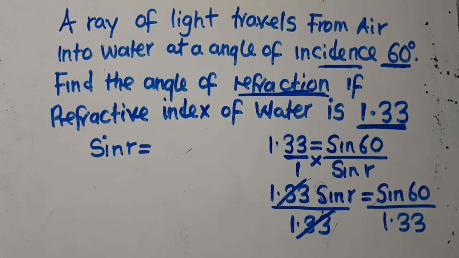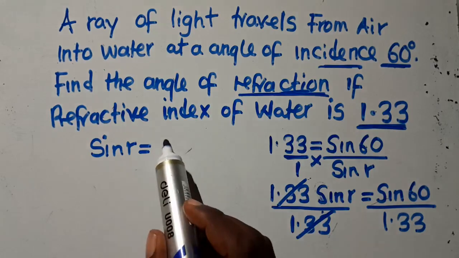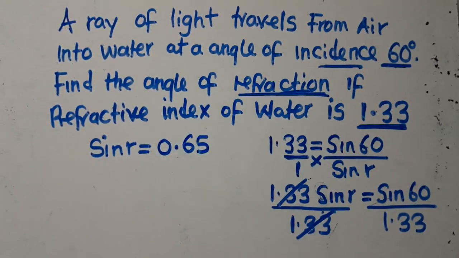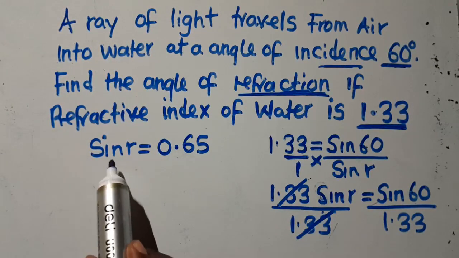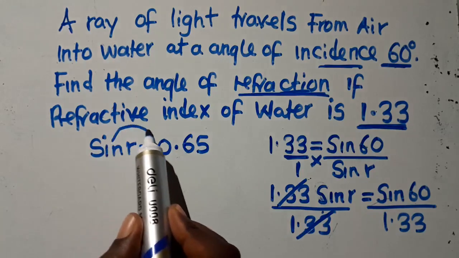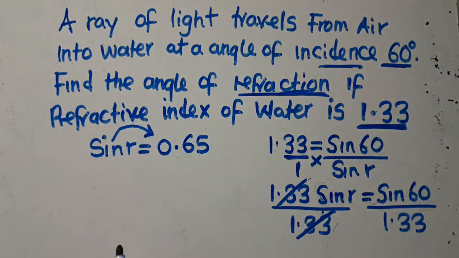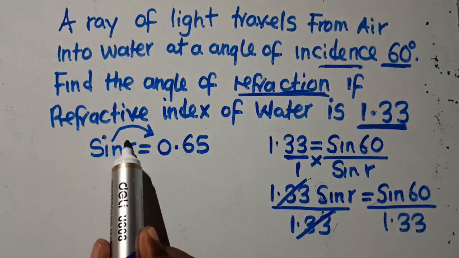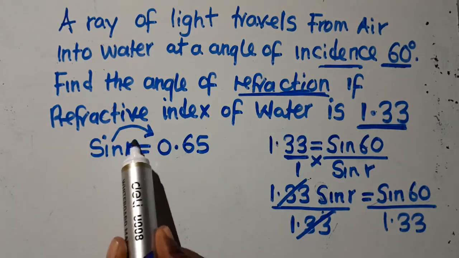The answer that you are getting to 2 decimal places should be 0.65. So when you reach here, what you need to do is take the sine to the other side of the equation, so that you just remain with the r that you want to find.